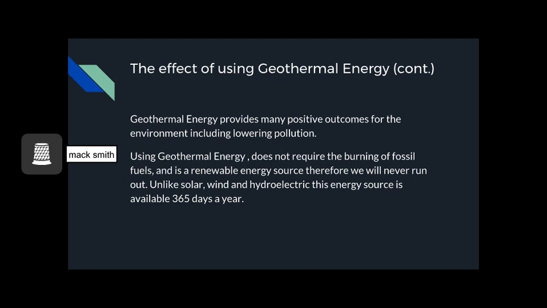Geothermal energy provides many positive outcomes for the environment, including lowering pollution. Using geothermal energy does not require the burning of fossil fuels, and it is a renewable energy source, therefore, we will never run out. Unlike solar, wind, and hydroelectric, this energy source is available 365 days a year.